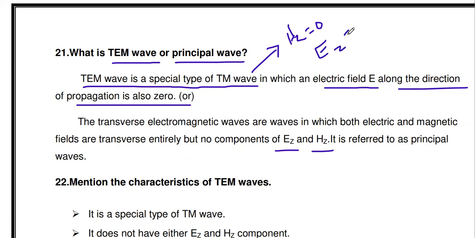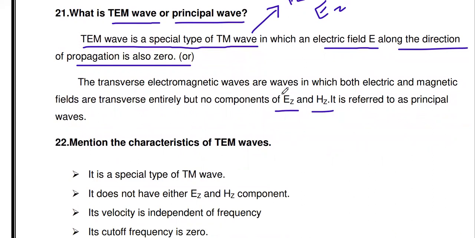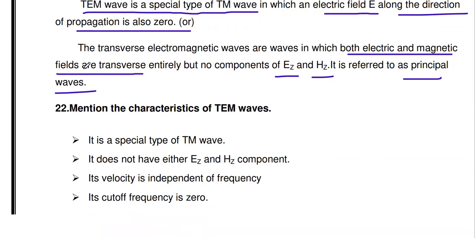So both EZ is 0 and HZ is 0. The transverse electromagnetic wave is a wave in which both electric field and magnetic field strength are transverse. There is no component of EZ and HZ. So it is referred to as a principal wave. Okay, so this is also an important question.